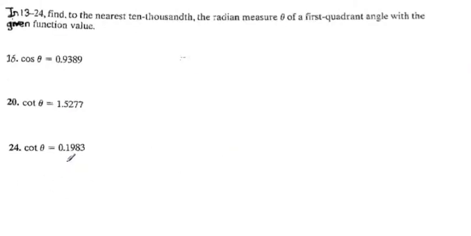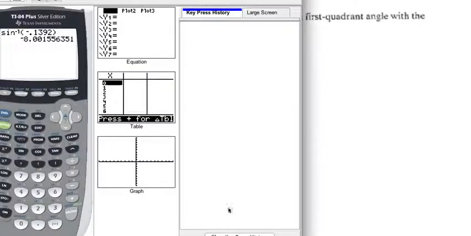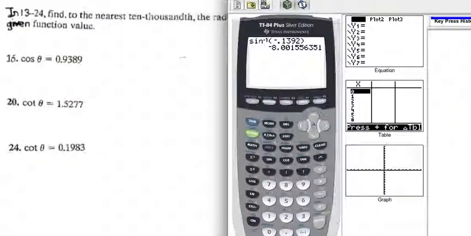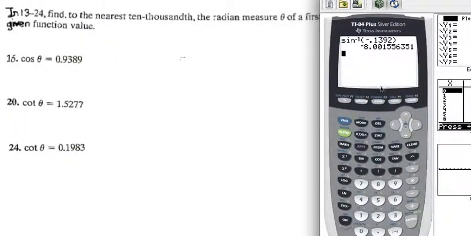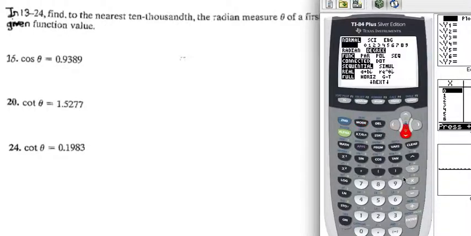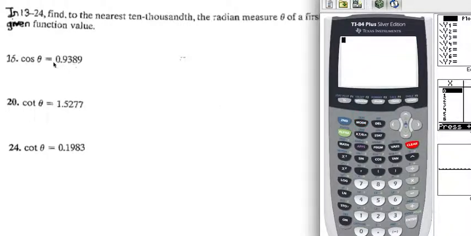All right, next question. Here we have to use the radian measure of the angle, so we have to use the calculator. Let us try to look at this one together. First, set the mode to radian.